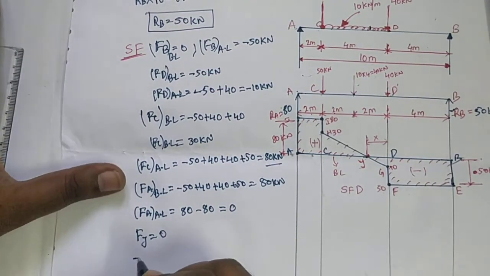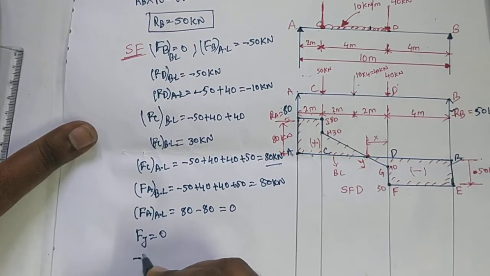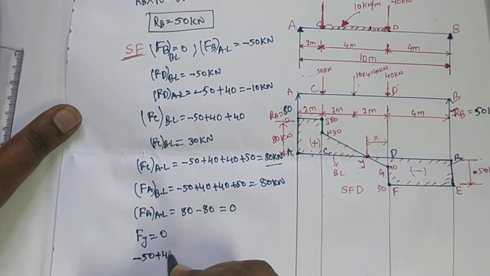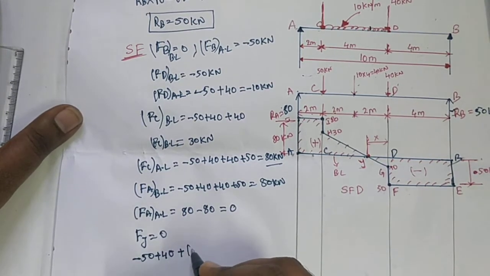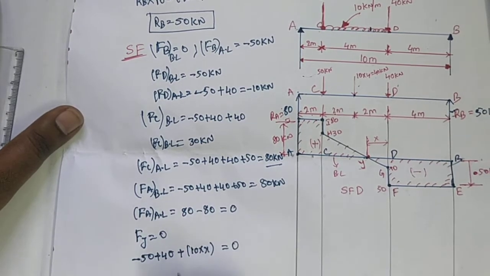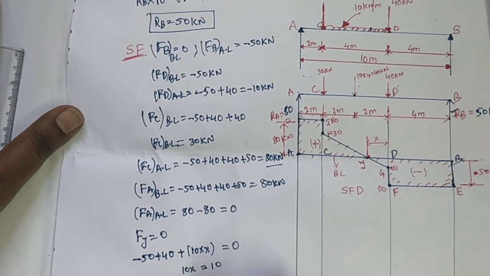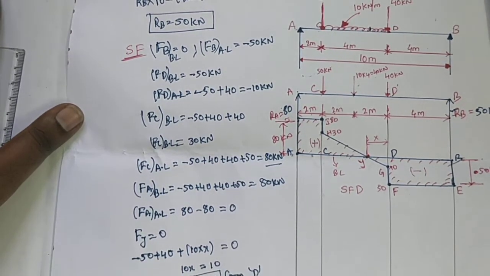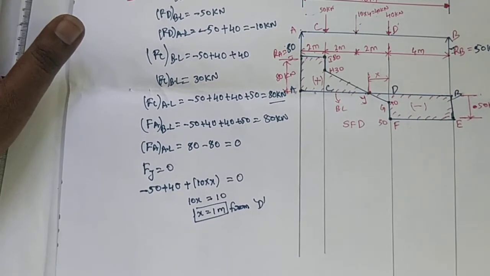That is -50 plus 40 plus 10 into x, that equals 0. Therefore 10x equals 10, so x is 1 meter from point D. This is the value of x.